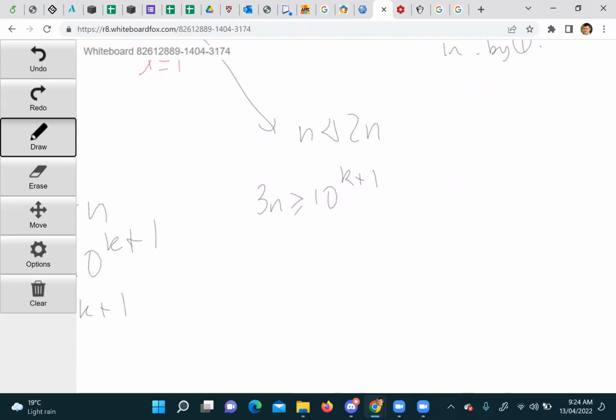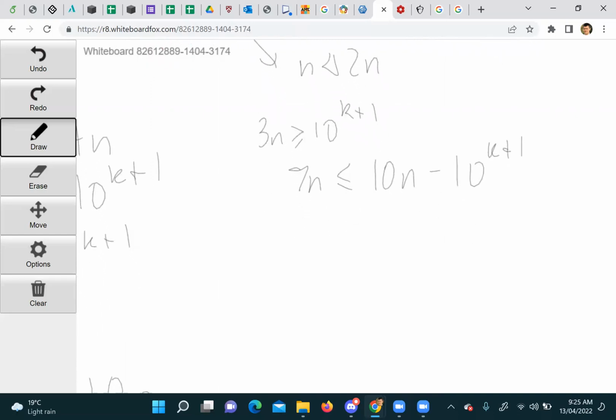Okay, so then you have 7N is less than 10N minus 10 to the K plus 1, right?